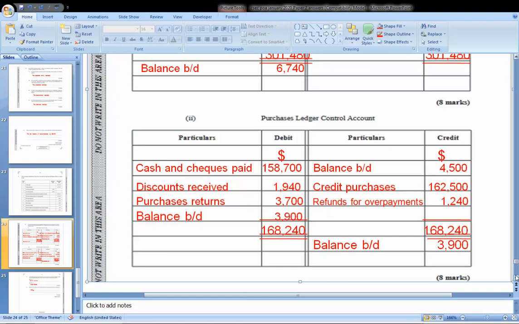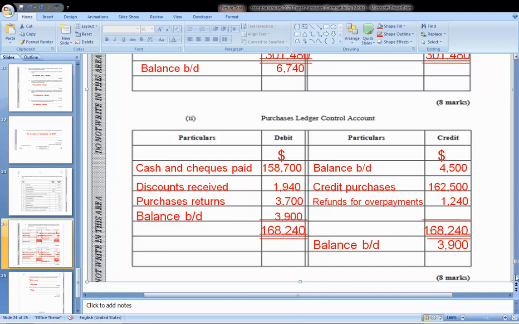So given our information and we put them in, we got a credit total of 168,240. And when we deduct our debit from our credit, we had a balance brought down of 3,900.